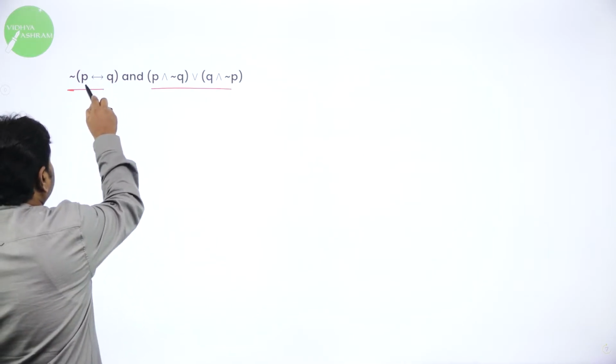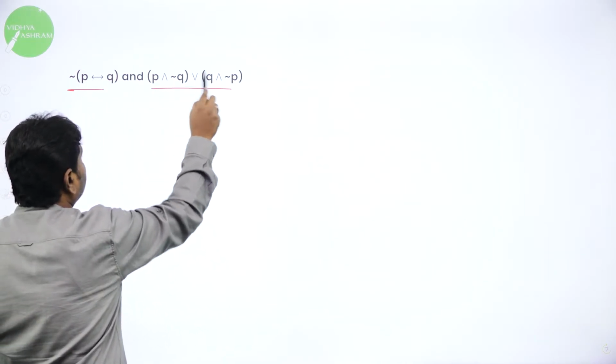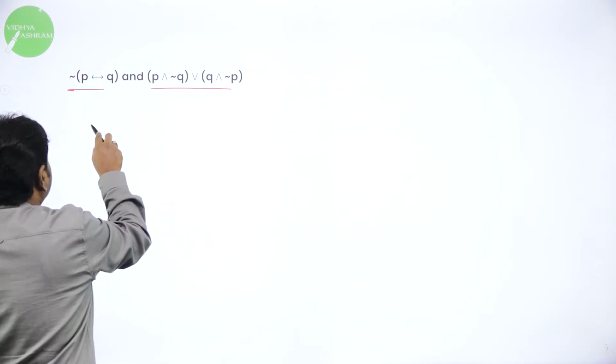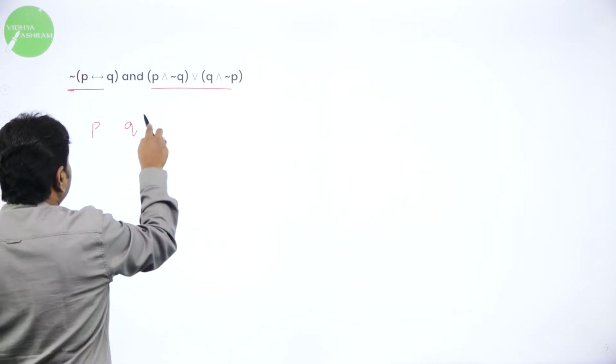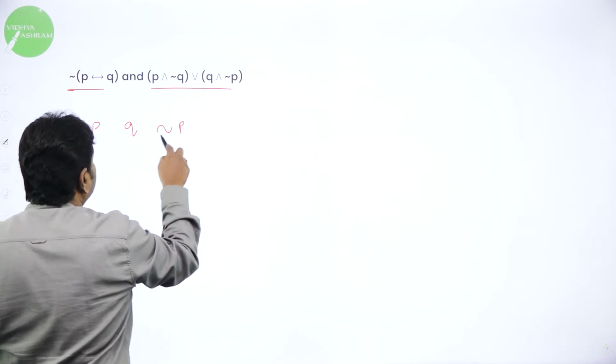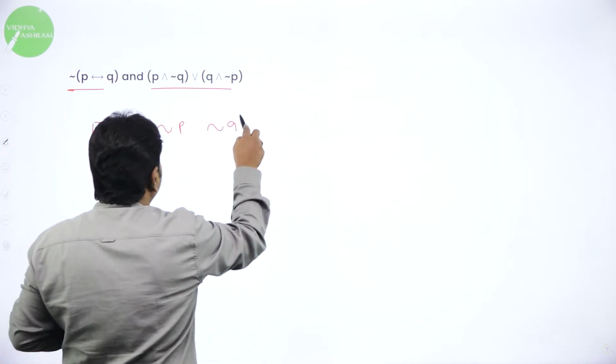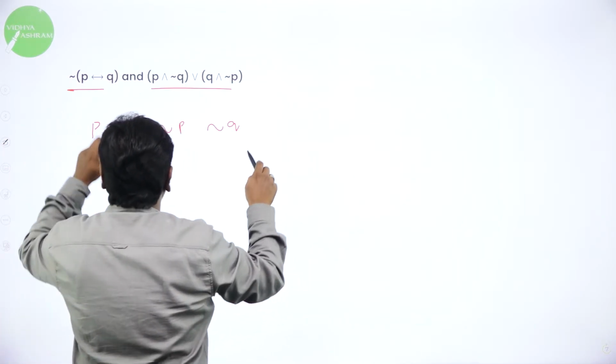You can see the components. P is there, Q is there, negation Q is there, negation P is there. So first I will take P, then Q, then negation P, then negation Q, then the components.